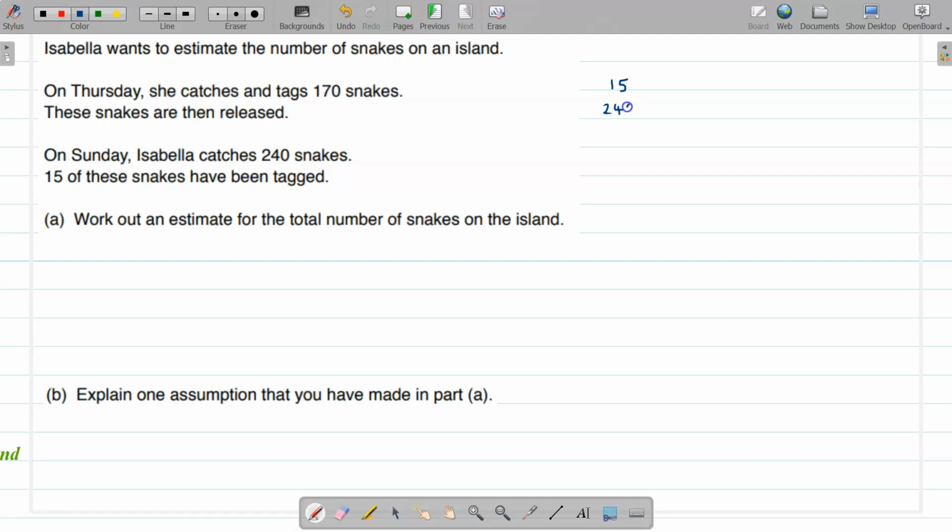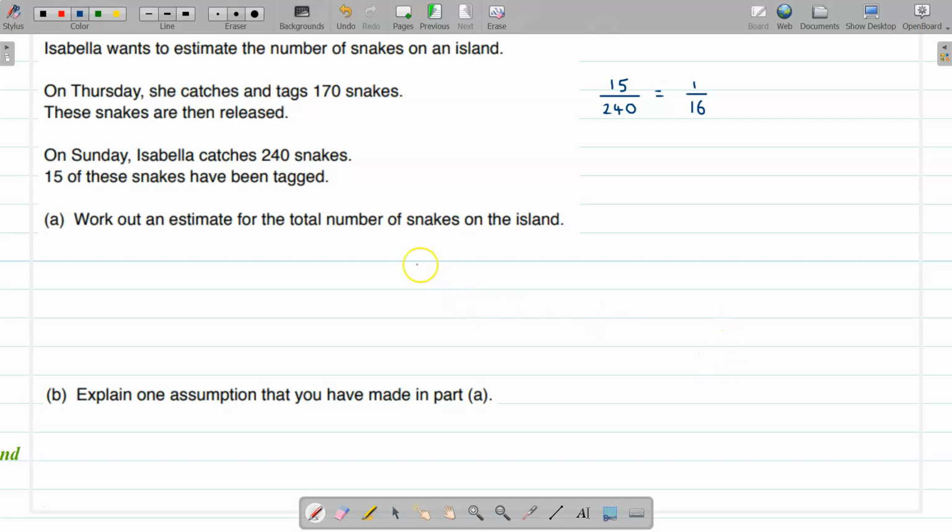So the proportion or fraction of tagged snakes was 15 over 240. And that's equal to 1/16. So that means she must have tagged originally 1/16 of the snakes.